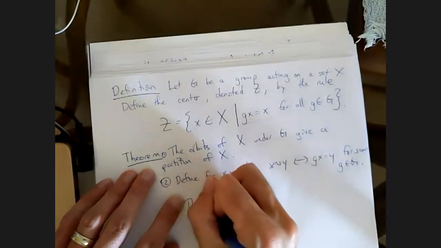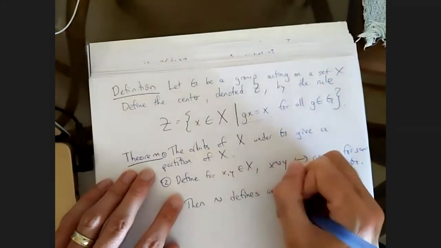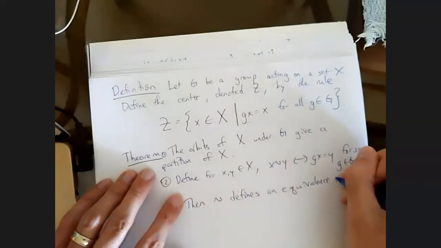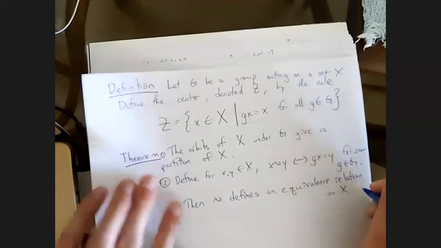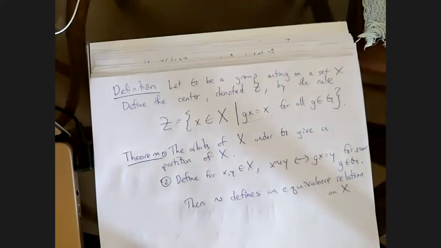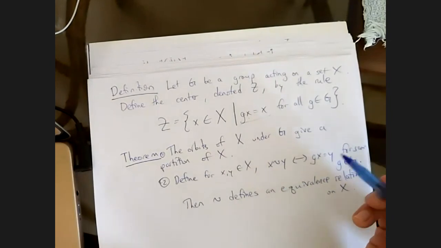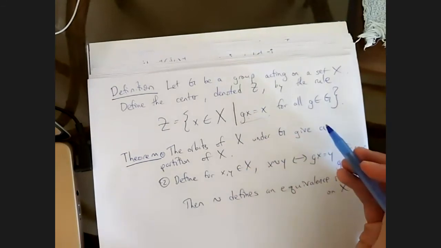Then this defines an equivalence relation on X, okay? And the equivalence classes are just the orbits. Now equivalence relations give partitions, so that's why orbits give partitions.